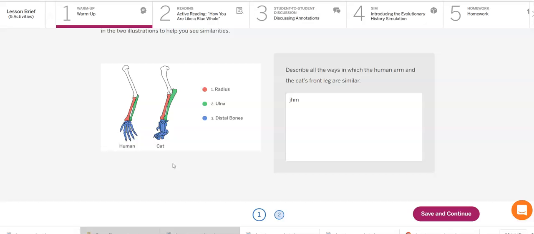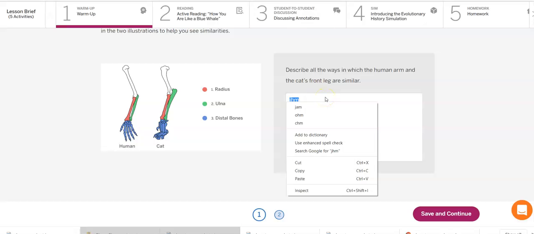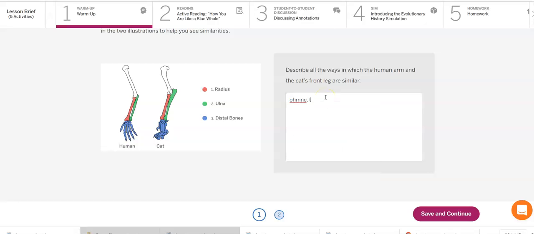The best way to think about the human arm is 1, 2, many. I'm going to write in this box really fast so you can see it: 1, 2, many.